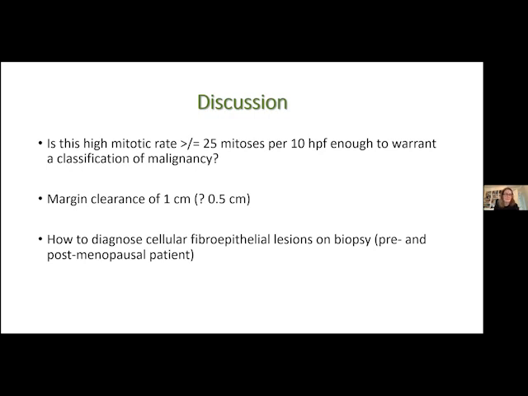I mean, 0.5 is very narrow in these cases, especially in this case, there were these small nodules around the periphery. So she could easily have residual nodules that are being missed. So I guess the more, the better, but we don't have a clear definition of what is a safe margin.